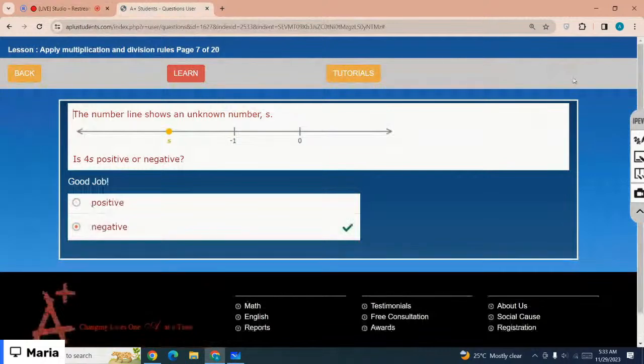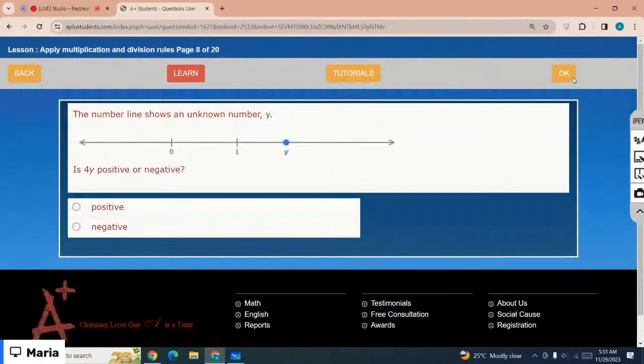Okay. The number line shows an unknown number y. Is 4y positive or negative?